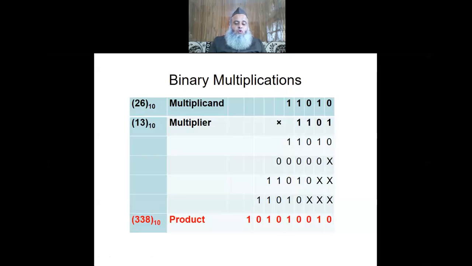1 2 4 8 16 32 64 128 256 512, then 1024. 1024 is approximately equivalent to 1000. So I'll say 1024 is approximately 1k. K stands for 1000; we all know kilo is 1000.